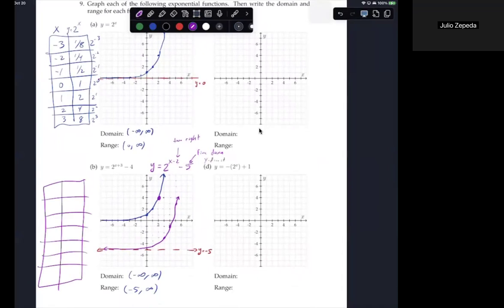So if I subtract 5 from each of the y coordinates in this column here, I'm going to do that really quickly. 8 minus 5, 4 minus 5, 2 minus 5, 1 minus 5, a half minus 5, 1/4 minus 5, that would be -4 3/4, so -4.75. And then an eighth is 0.125. If we subtract 5 from that, that will be -4.875.